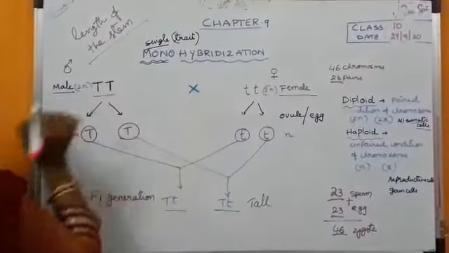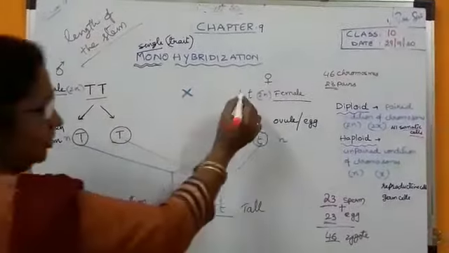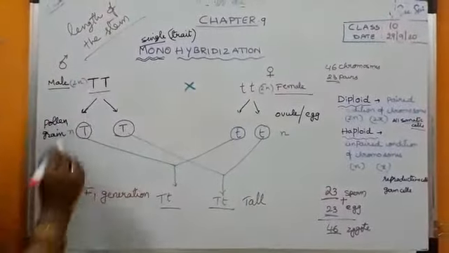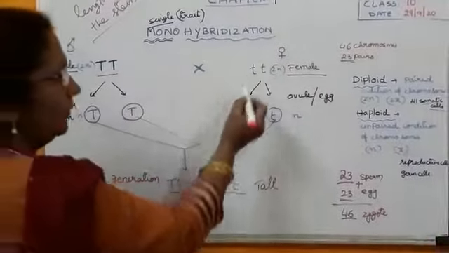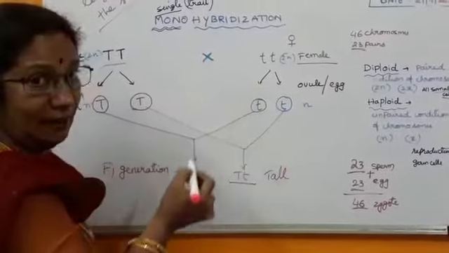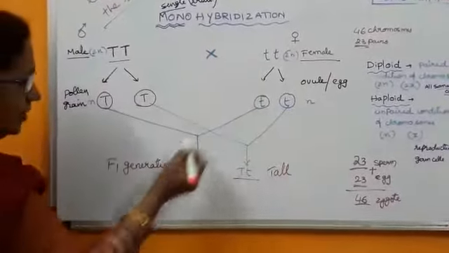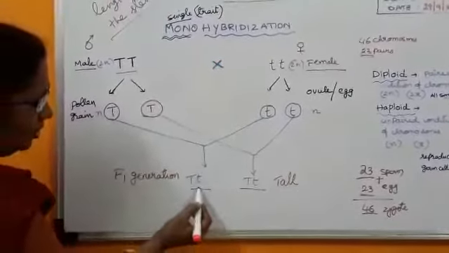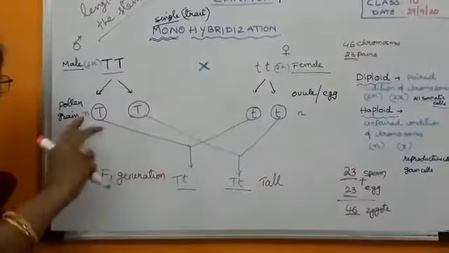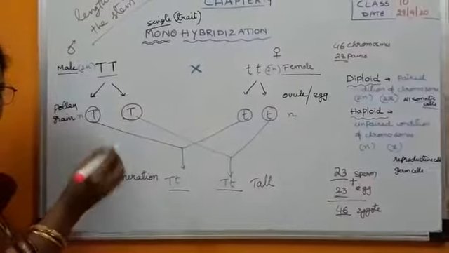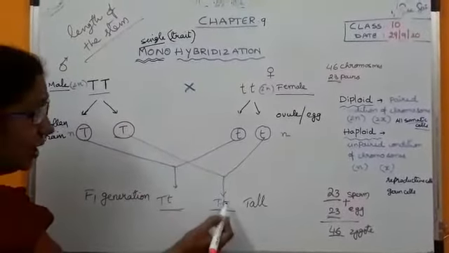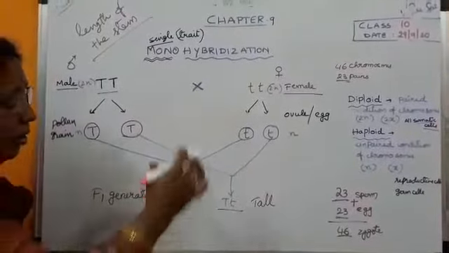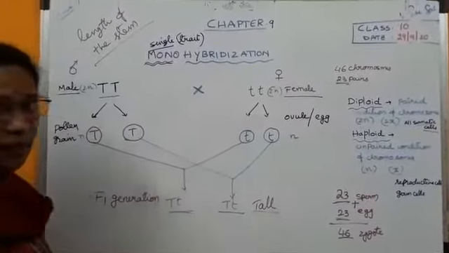He took the tall plant as the male and the short plant as the female. The tall plant produced capital T gametes and the small plant produced small t gametes. When these gametes fuse, we get capital T small t. Here we are showing it in a diagrammatic representation. How did they appear? All plants are tall.